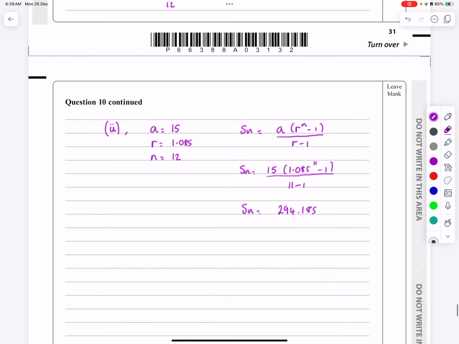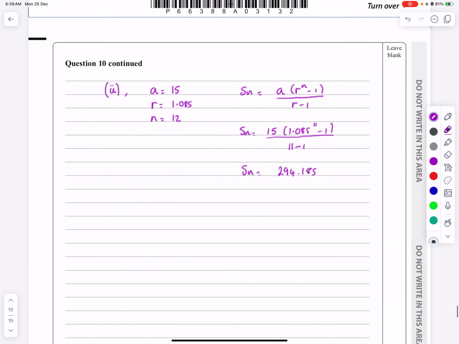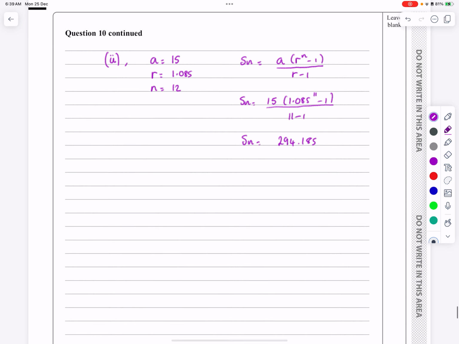So once we've got that value, going exactly back to this thing here, for B, let's do 360 minus 294.185.